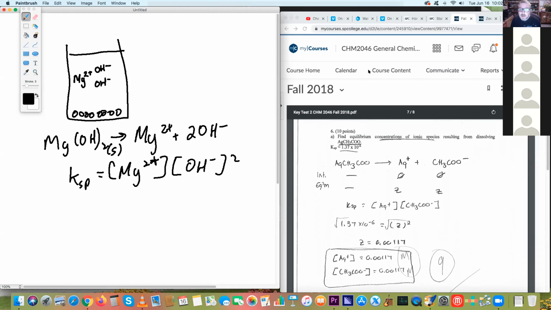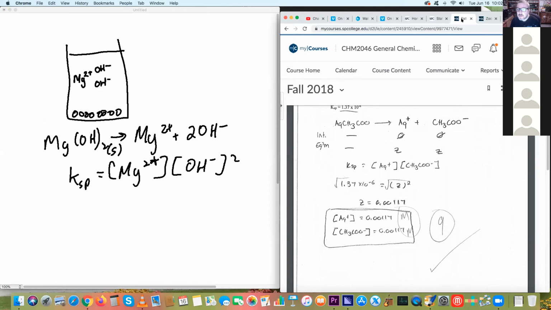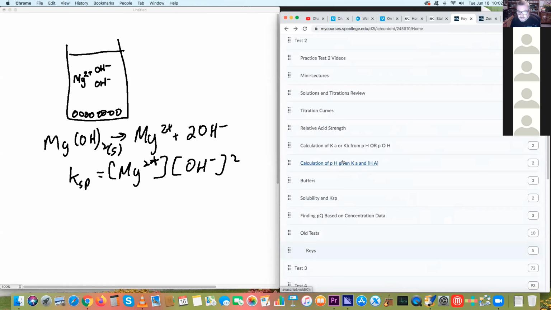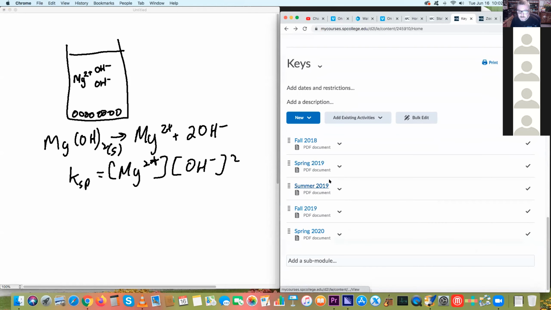So let me get another example here, something that shows a different Z value than what we have here. I'll try this one here.